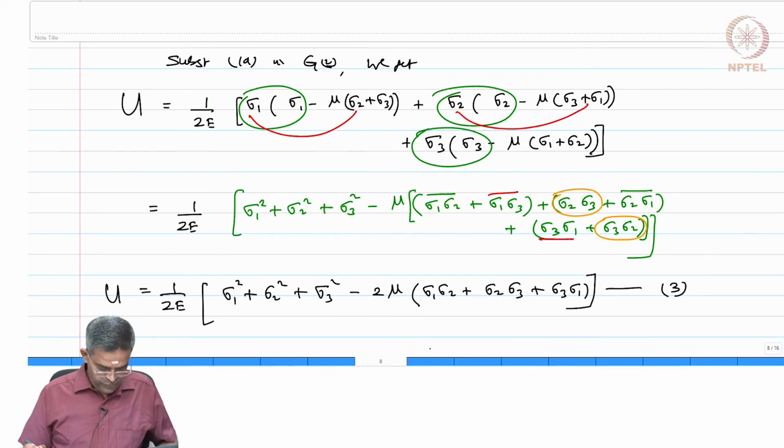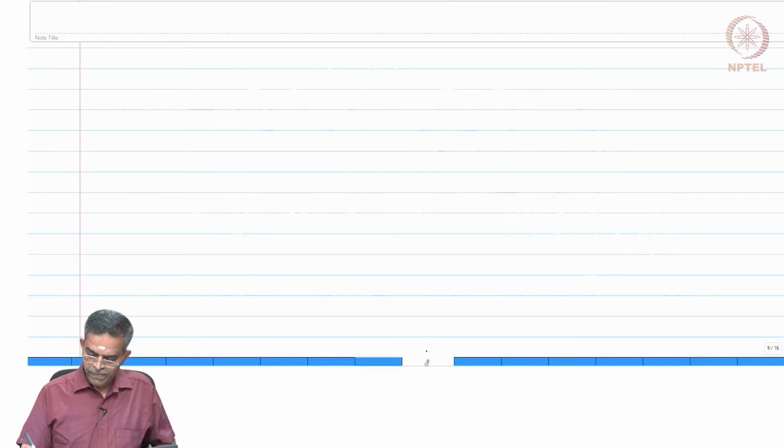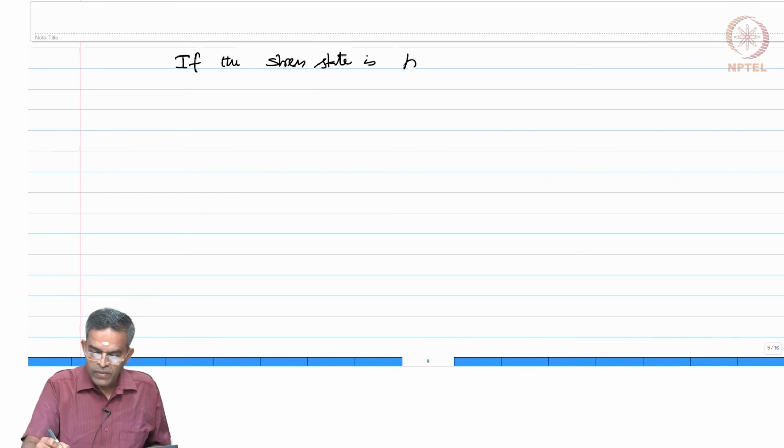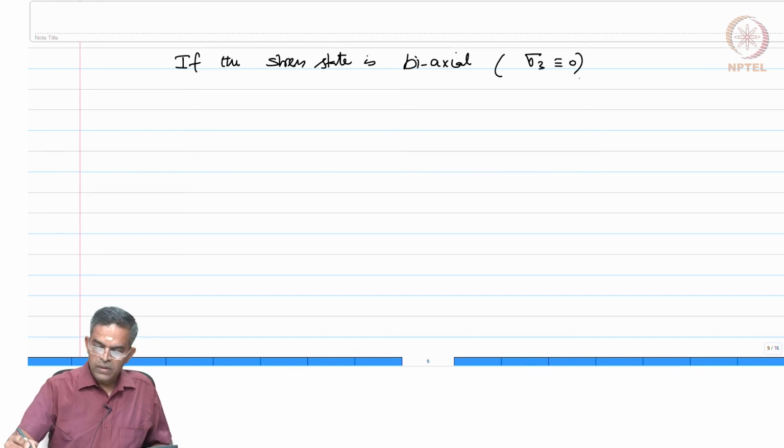Now, if the stress state is biaxial, that is sigma 3 is 0, then let us see what happens.